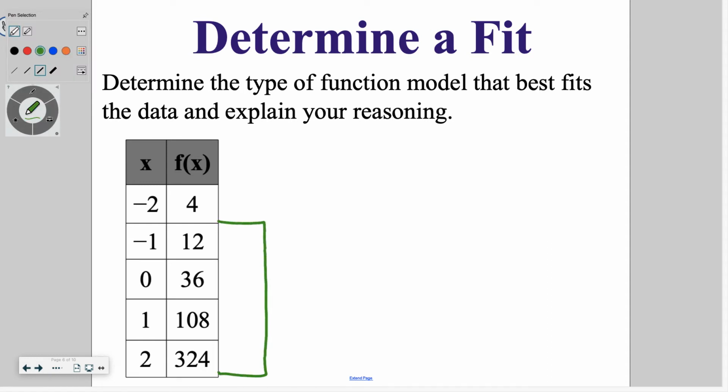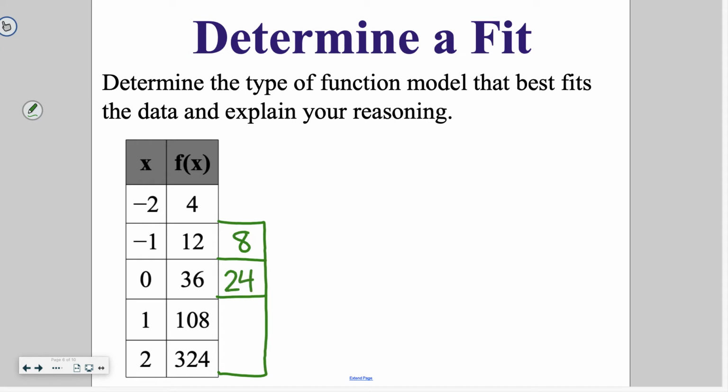If I calculate my first difference, 4 to 12 is 8, 12 to 36 is 24, 36 to 108 is 72, 108 to 324 is going to be 216. So my first differences don't match, so it's not linear.